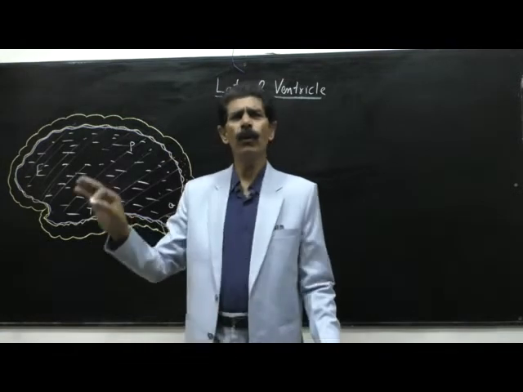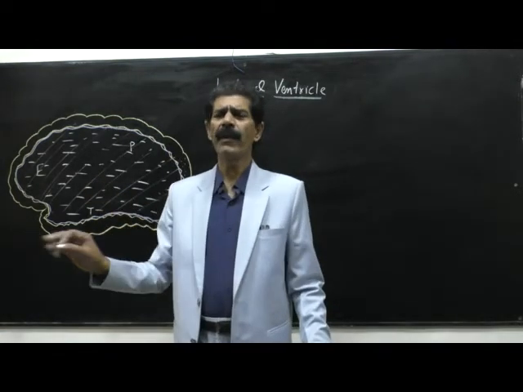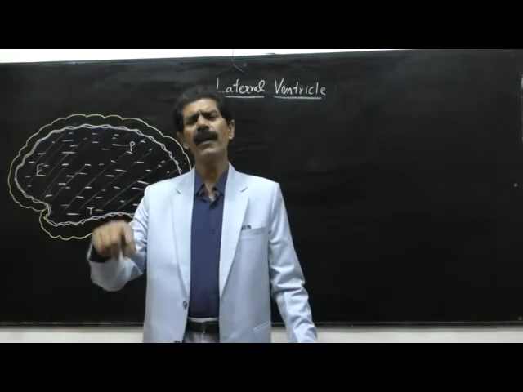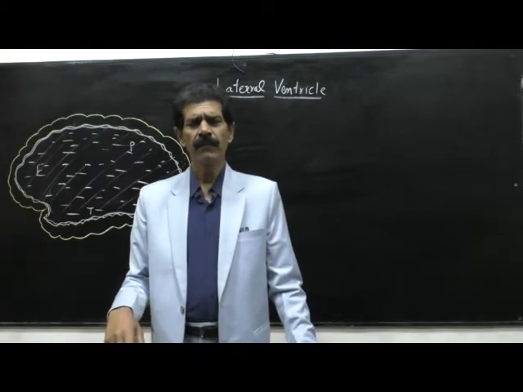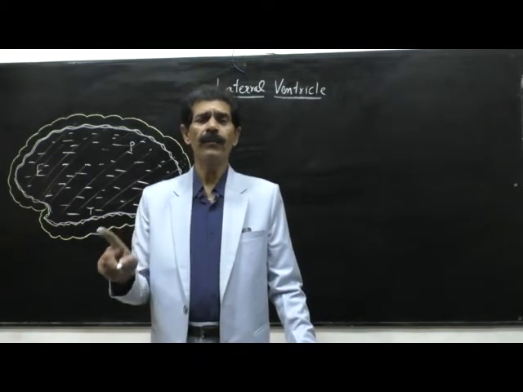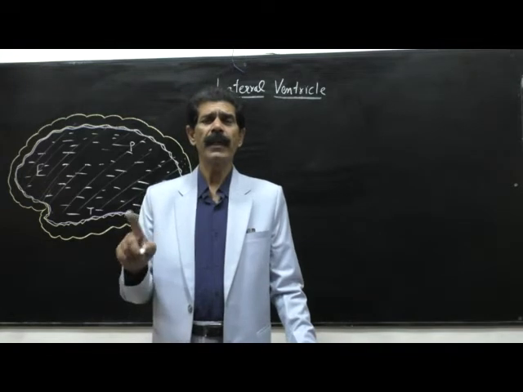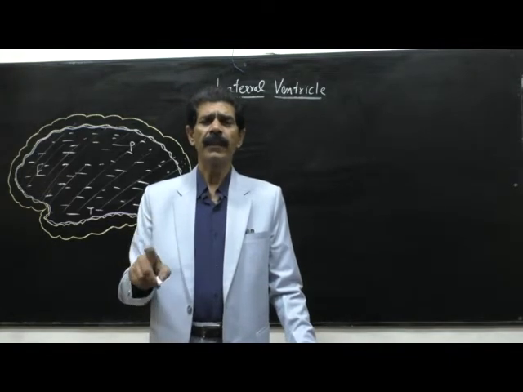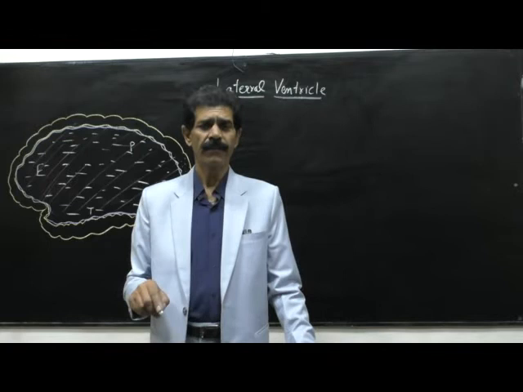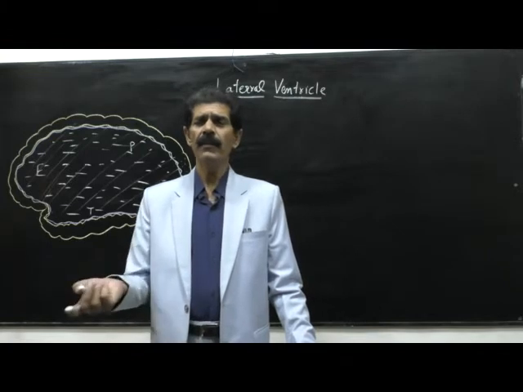So every lobe has the lateral ventricle. Even after the development of the grey matter, every one of the 4 lobes of the cerebrum contains a part of the lateral ventricle, and accordingly we name them.